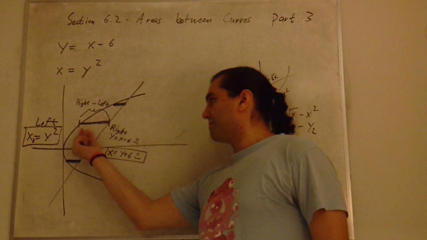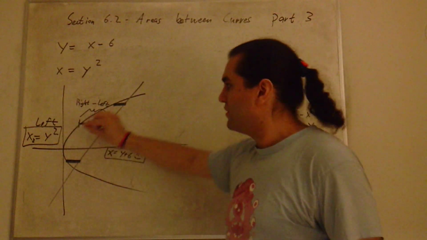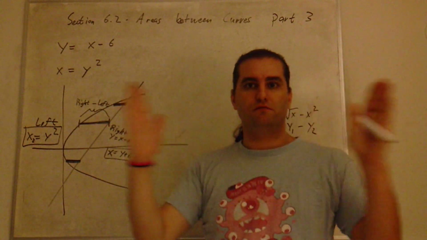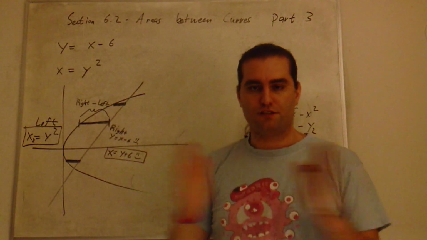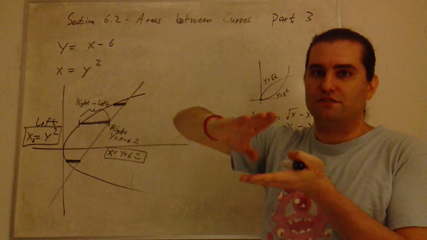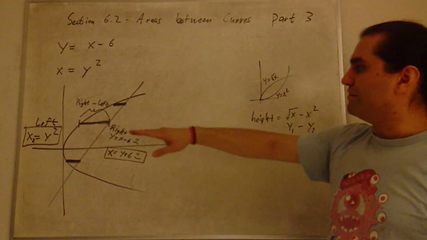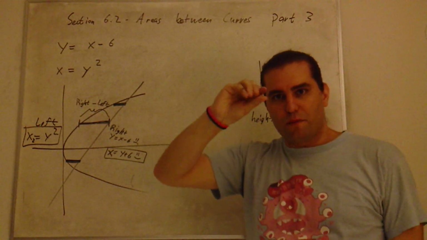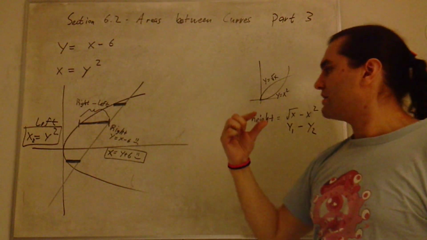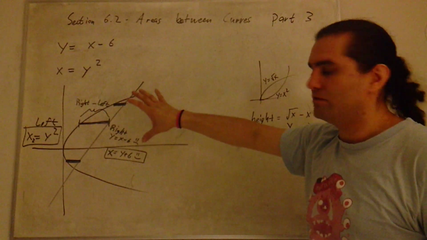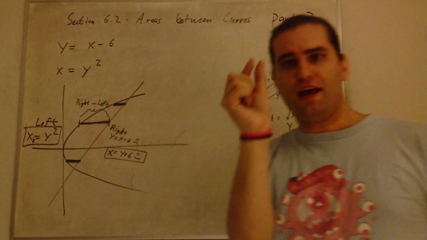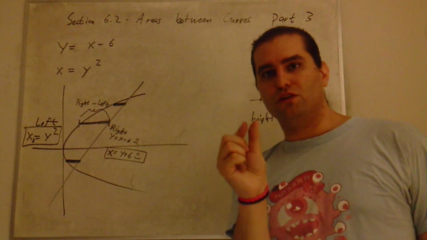That's one dimension of these rectangles. We need to talk about the other dimension of this rectangle. So we've got the lateral direction covered, that's right minus left. We need to talk about the vertical dimension of these rectangles. The vertical dimension is the part that we're going to slice pretty much infinitely thin. When we did this in the normal vertical rectangle situation, that infinitely thin dimension is what we call dx.